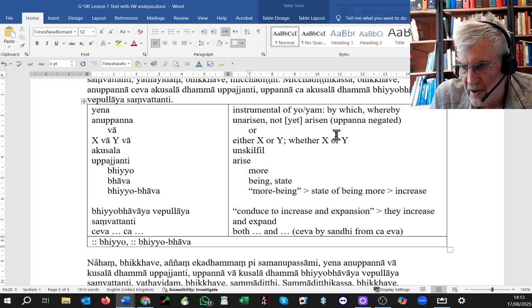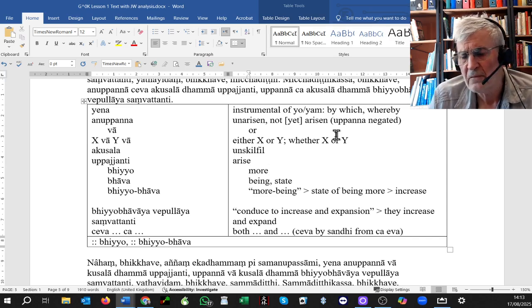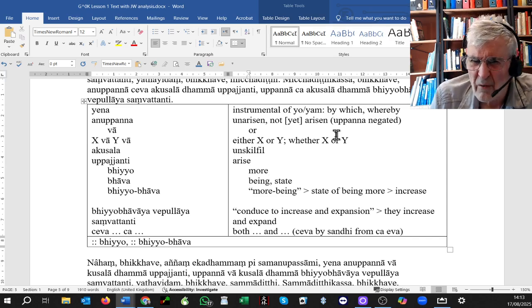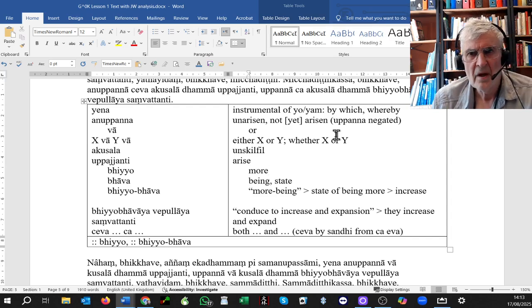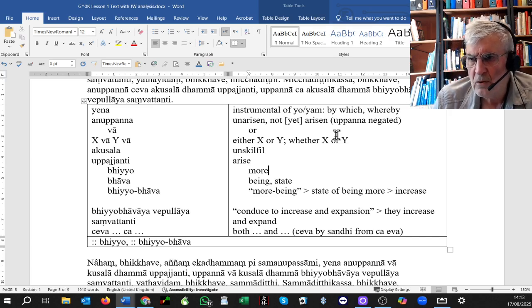And it's used here as virtually synonymous, I think, with vepulla. You very often find that in the Pali scriptures, that two synonymous or almost synonymous words will be juxtaposed without really altering the meaning. So bhiyyo bhavaya vepullaya samvattanti.